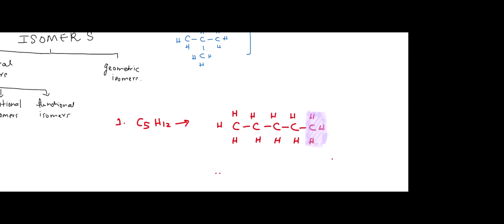Let's take off one of the terminal carbon atoms, towards the end, and put it somewhere in the middle and see what we get. So you'll probably get something like this.